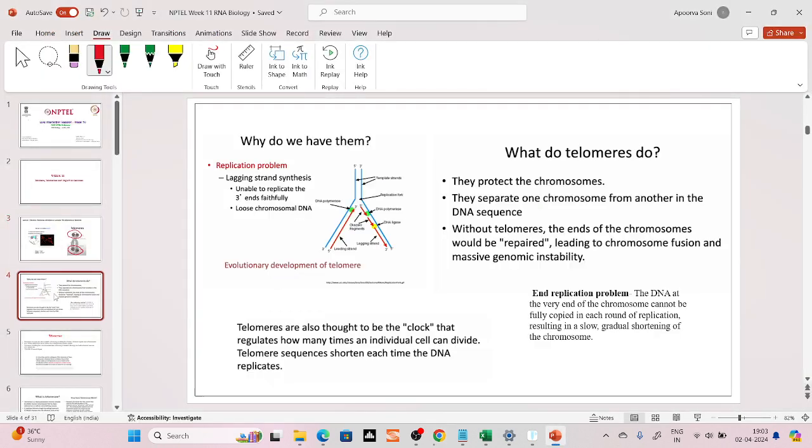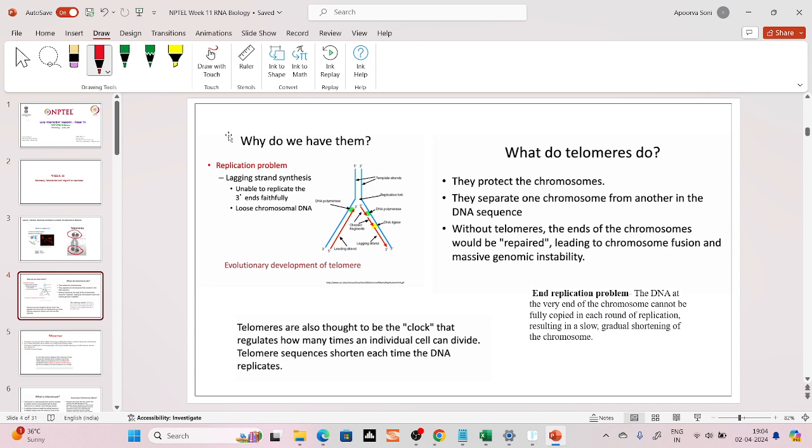Fine. Then why do we have them? So we are talking about RNA biology, everything related to RNA, and then we talked about transcription and the various kinds of processing that happens. Now we are focusing on telomeres.